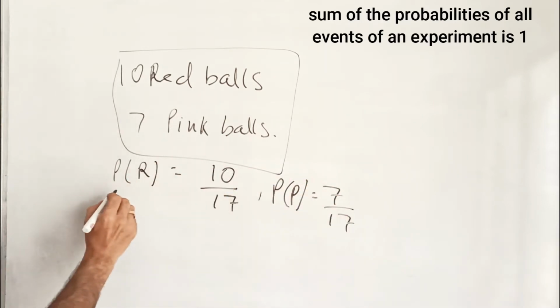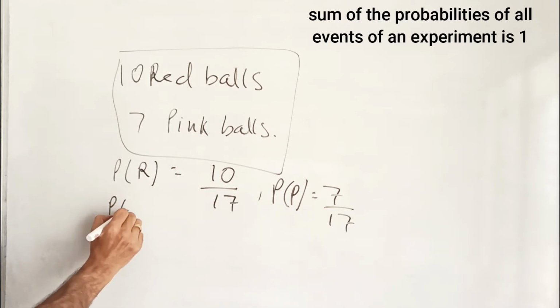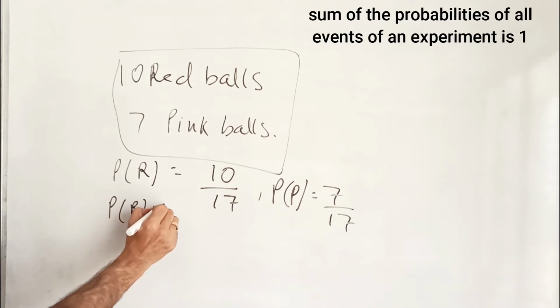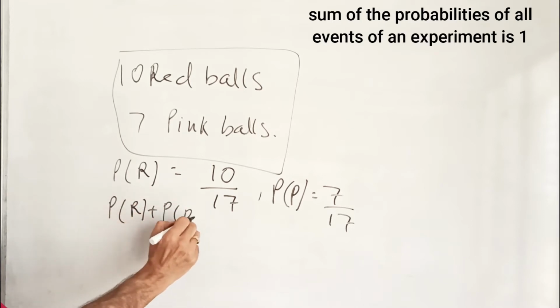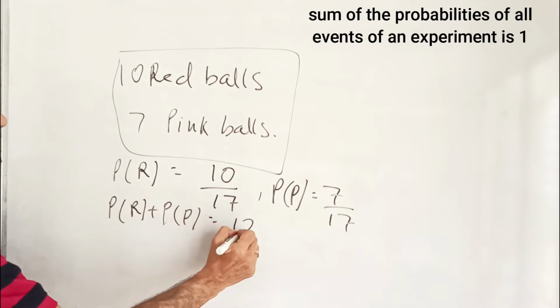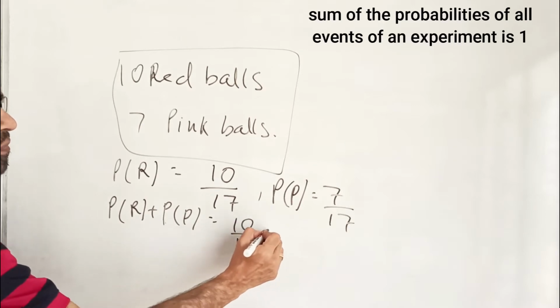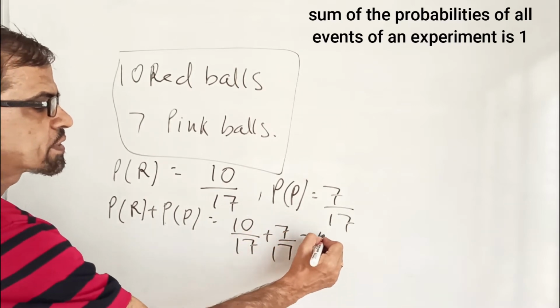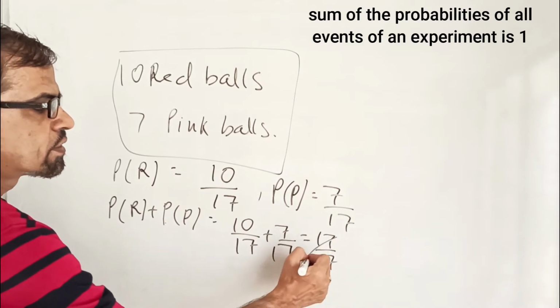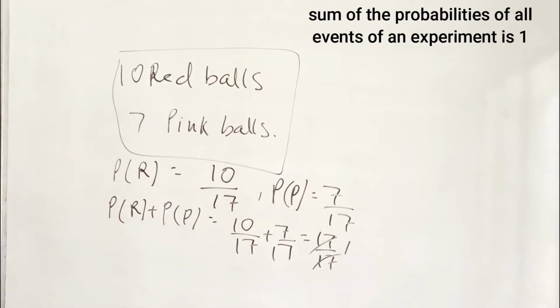So the probability of the red ball plus the probability of the pink ball will be 10 upon 17 plus 7 upon 17, which is 17 upon 17. So the answer will be 1.